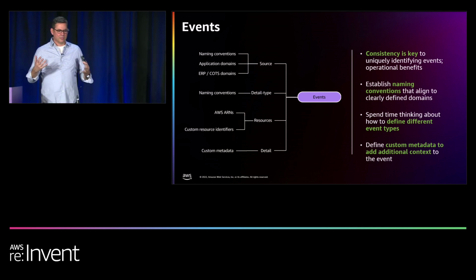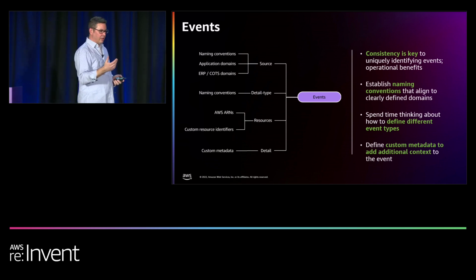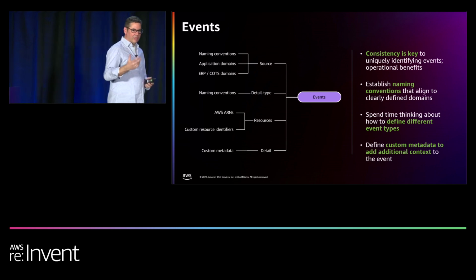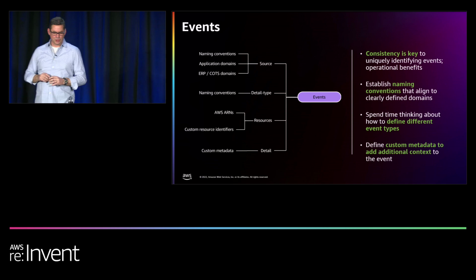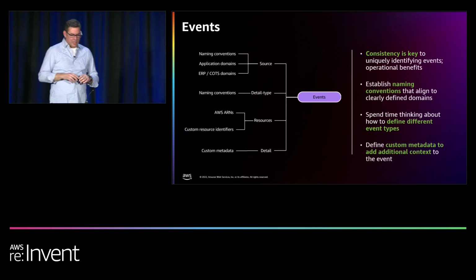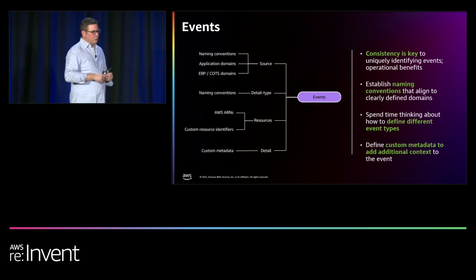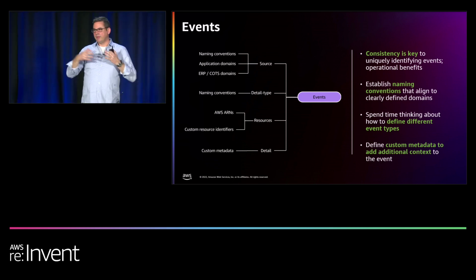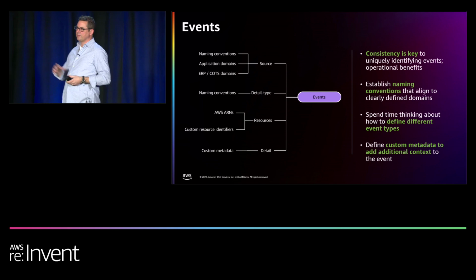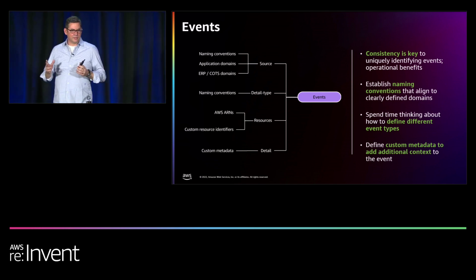You might want to put some information around where geographically that event originated from. If you have a globally distributed architecture, you might want to be thinking about putting in information around what order the event has in a particular sequence of events, things like this.